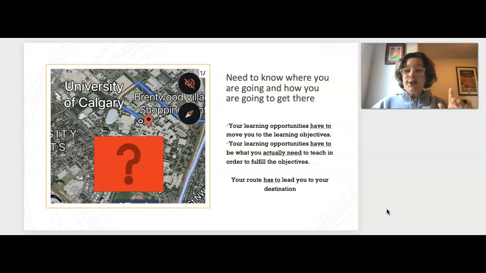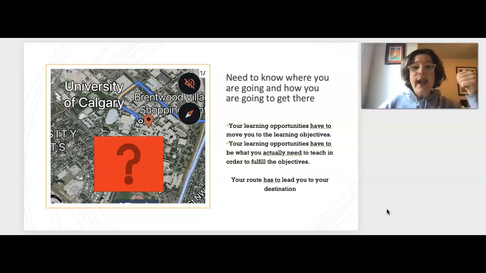However, no matter what lesson plan avenue you choose, you always need to know where you are going and how you're going to get there. So continue to spend time on your outcomes and the how will I know students have achieved the learning outcomes section, because your learning opportunities have to move you to those learning objectives, and have to be what you actually need to teach in order to fulfill the objectives.